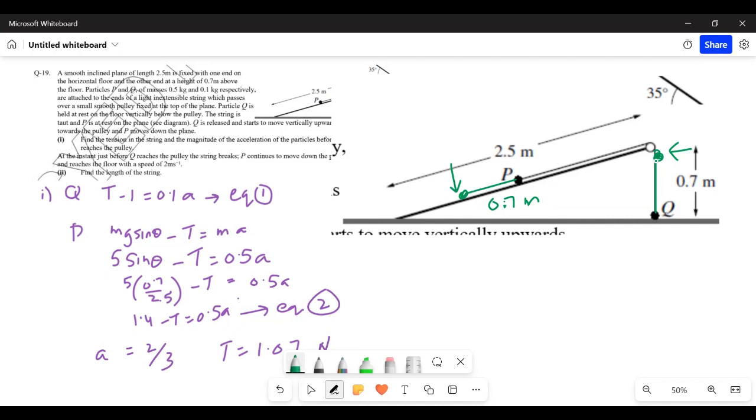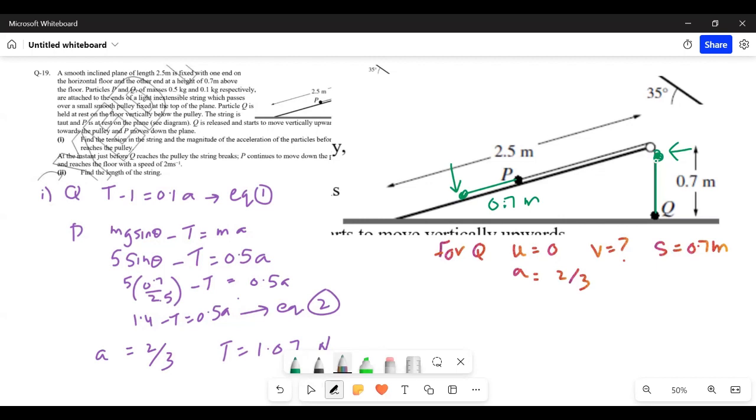Okay, so for Q, we know that its U is 0, the initial speed. Its final speed is what we're trying to find. Its S is 0.7 meters, and the acceleration found in the last part is 2/3. So now we need to use equations of motion to get V.